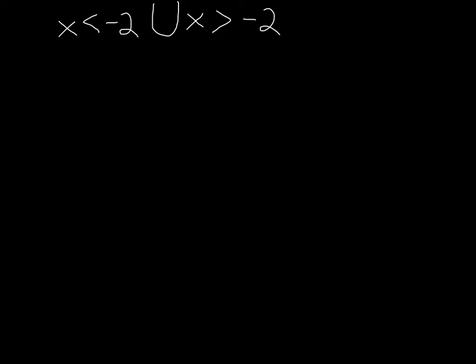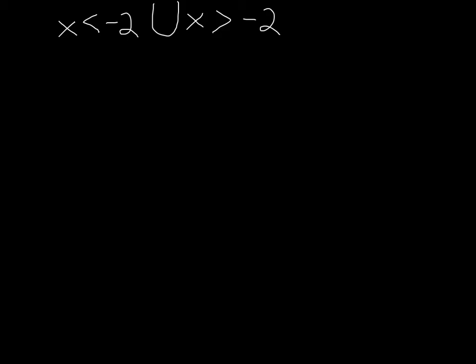So this is the fourth problem, and here's one where I tried to trick you. The union symbol, with the big U there, if you remember, means we're combining two things together. So we can't write this as a single expression without something in the middle.